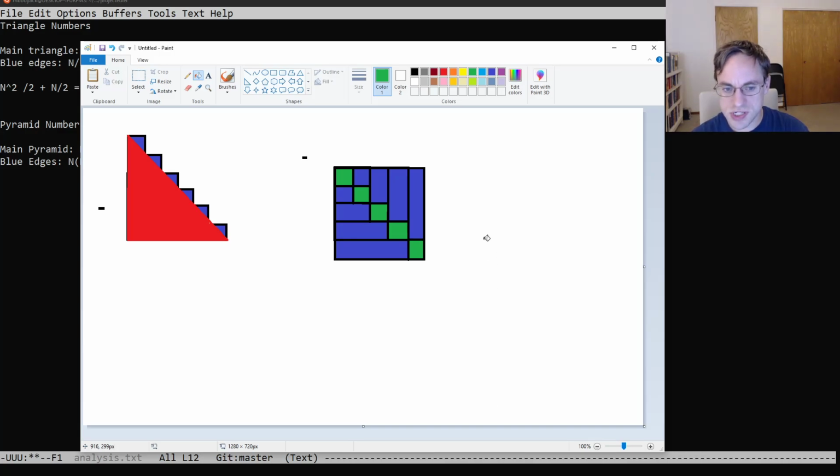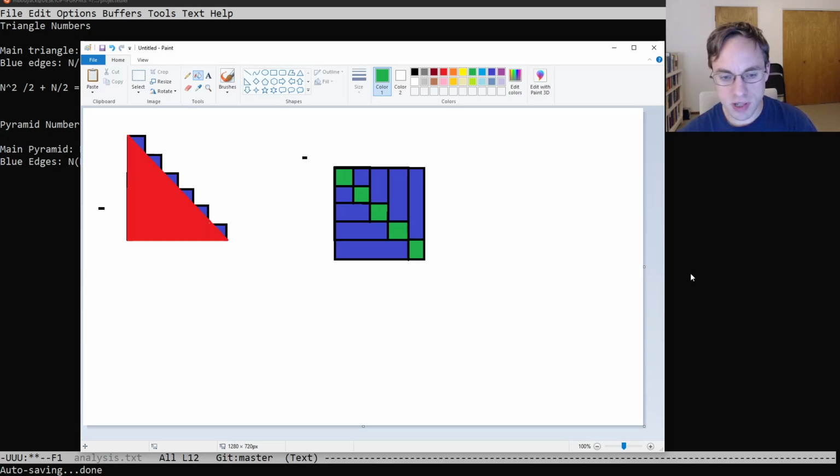And so just to double check, in this case, we have 1 plus 2 plus 3 plus 4, so that's going to give us 10. The total area is twice that, 20, but then each of these has a cross-sectional area of 1/2, so our total volume is going to be 10.